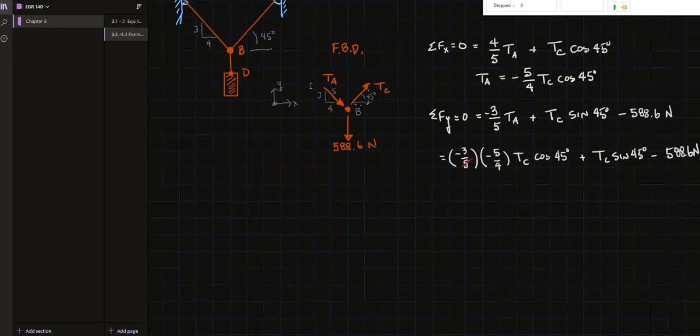We cancel here. Continuing on, this is going to turn positive now, so this equals 3/4 TC cosine of 45 degrees plus TC sine of 45 degrees, which is really going to be equal to the cosine of 45 degrees. So I'm just going to write cosine 45 degrees here.